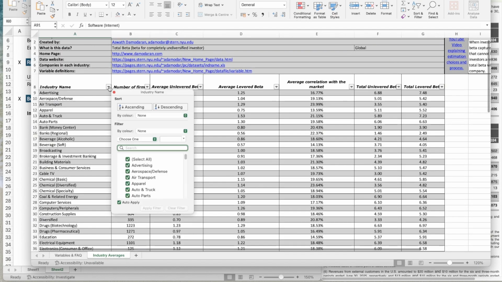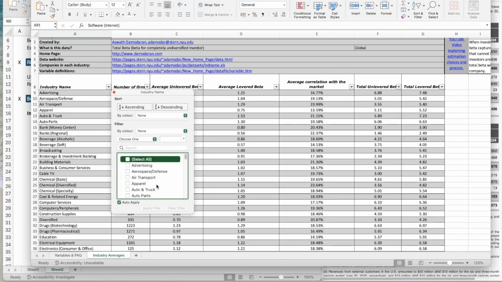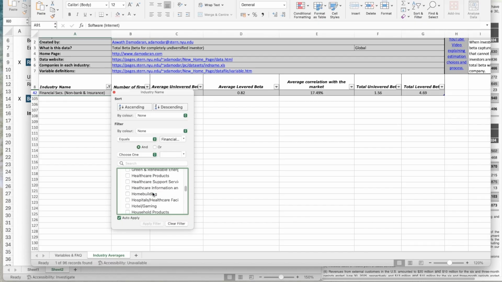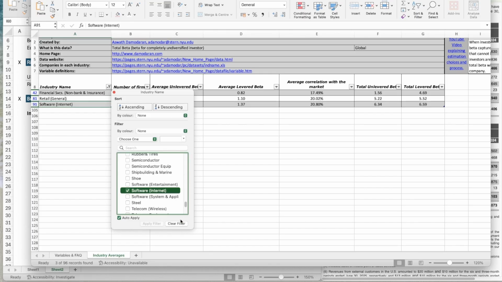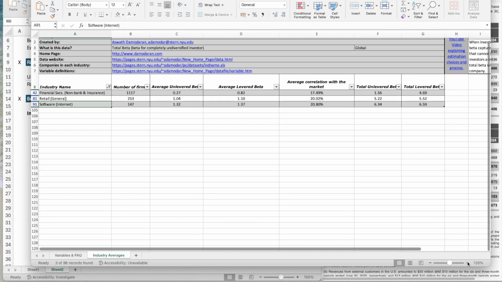I'll filter down so that we see financial services. Where's retail? Come back. Retail general. No, it's not real estate, sorry. Retail general. Then let's go with software internet for now, and I'll zoom in a bit more.